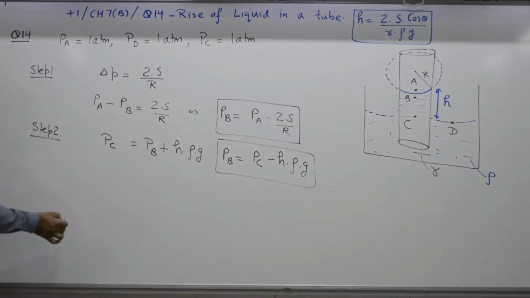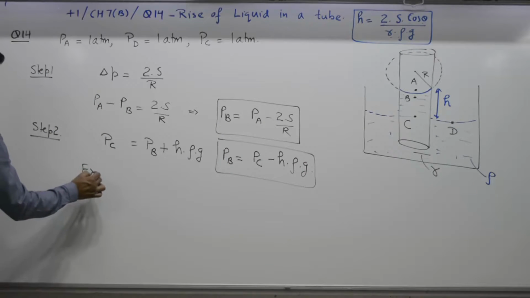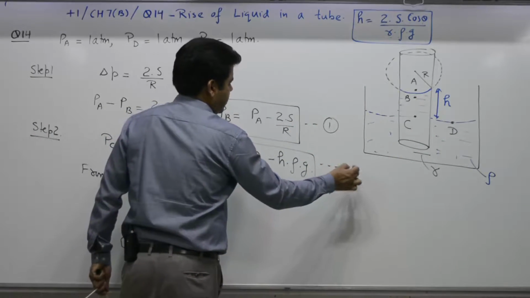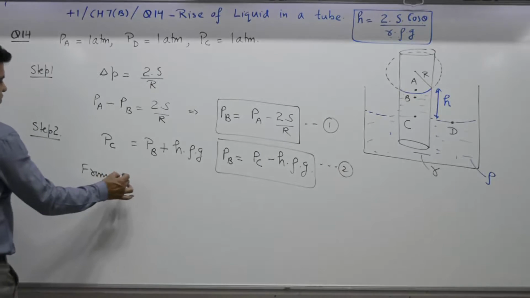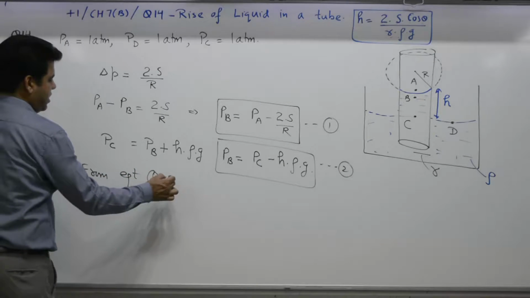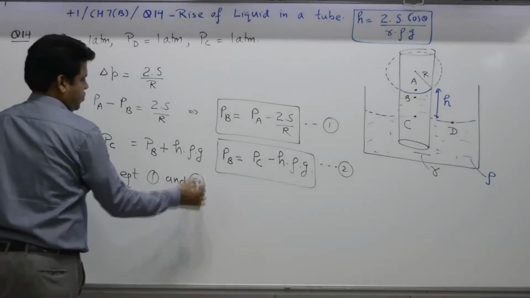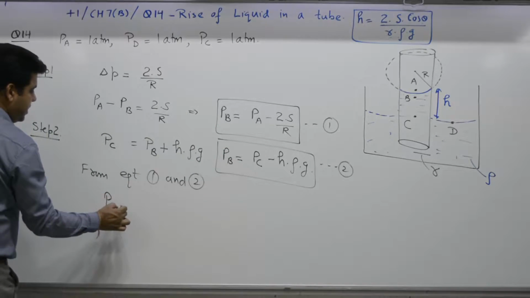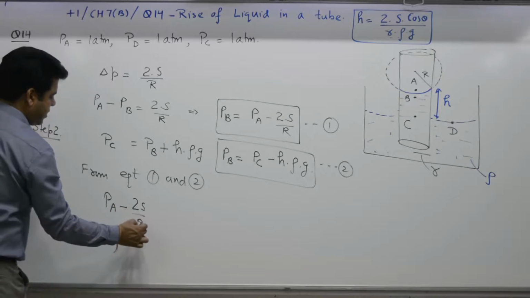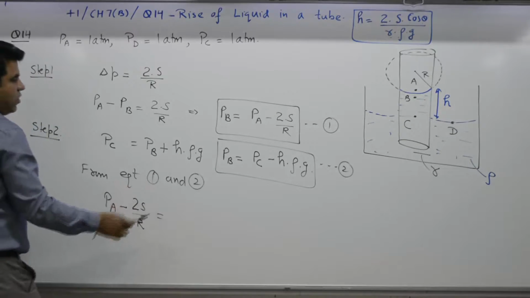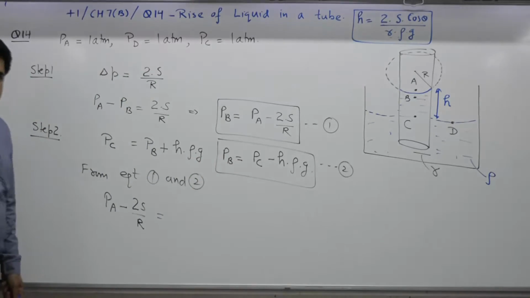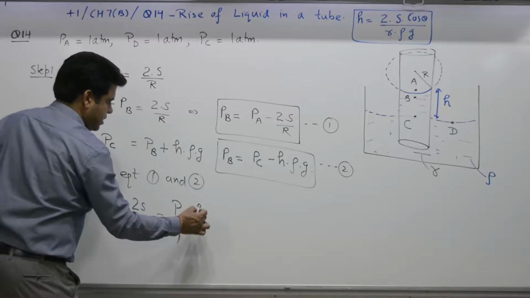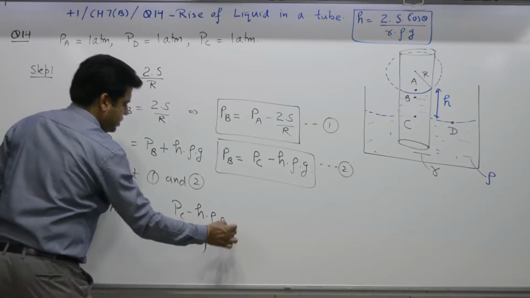From equation 1 and 2: PB is equal to PA minus 2S by R. From the second equation, PB is PC minus h rho g.